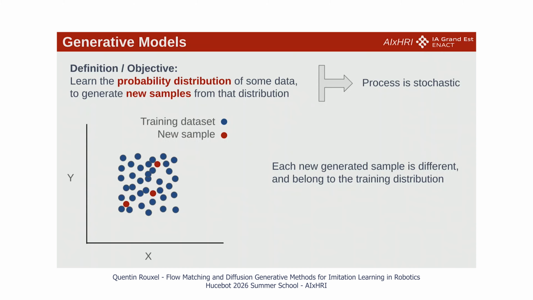It will be a new point. Every time it will be different. It will be random, but the data will be inside the distribution of your data. If the model has trained well, here it will be a point inside the square, or if you are generating an image of a cat, it will be a cat in the image, even though that cat is never in the entire dataset you have trained on.